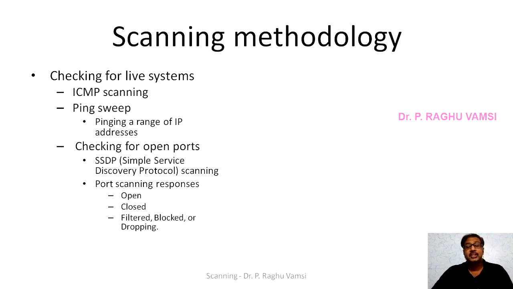In order to check the open and closed ports, we use SSDP, that is Simple Service Discovery Protocol based scanning, which will give us the open and closed ports available.